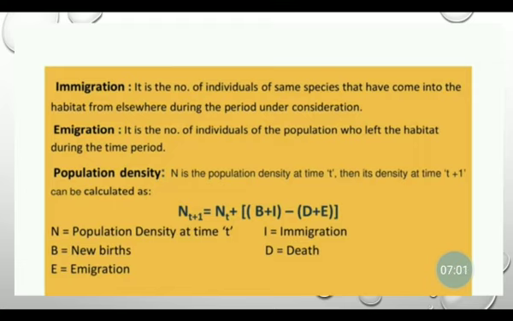If population density is denoted by N at time t, then its density at time t plus 1 can be calculated as N t+1 equals N t plus B plus I minus D plus E. Here the meanings of the symbols are given, you will have to go through them.